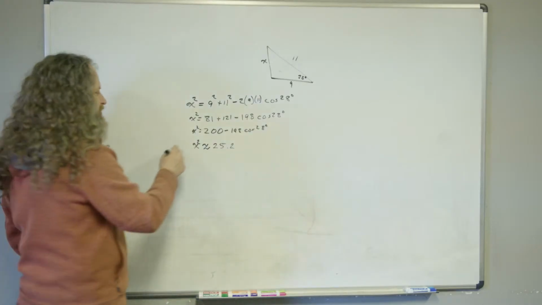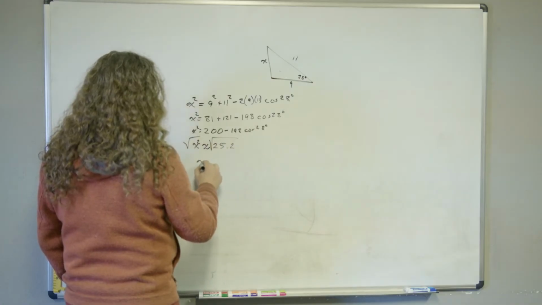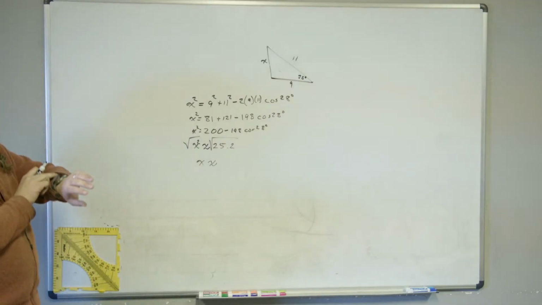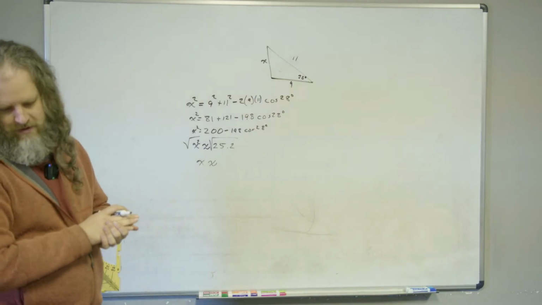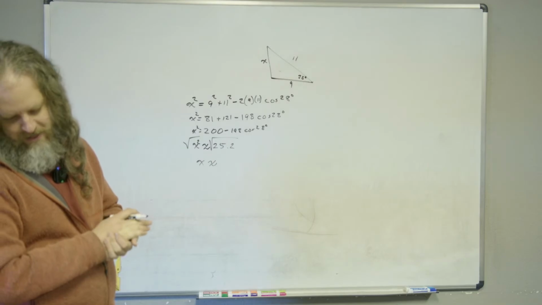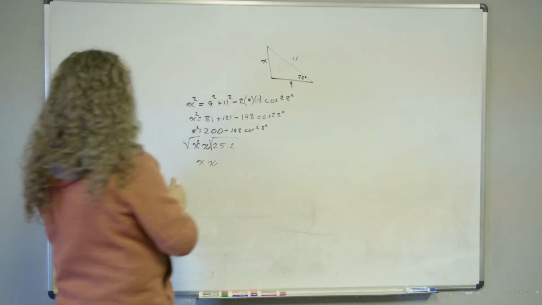Yeah, that. We've got to square root it. So x is approximately equal to what? 5.2 is what the key says, but maybe so.